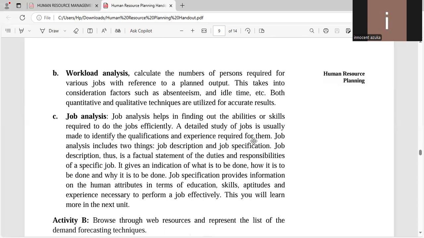Job analysis includes two things: job description and job specification. Job description is a factual statement of the duties and responsibilities of a specific job. It gives an indication of what is to be done, how it is to be done, and why it is to be done.